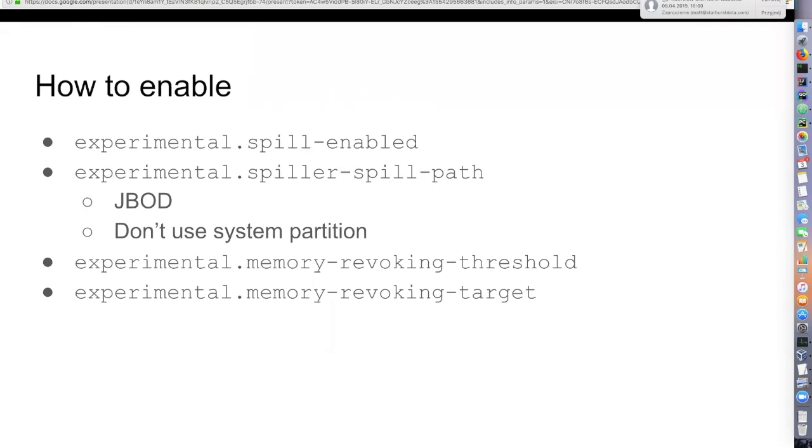The Spill path is actually a list of paths separated by a comma, if I recall correctly. And this way you can Spill to multiple disks, so you can implement a scheme called just a bunch of disks, where you choose multiple disks to improve the Spill performance.